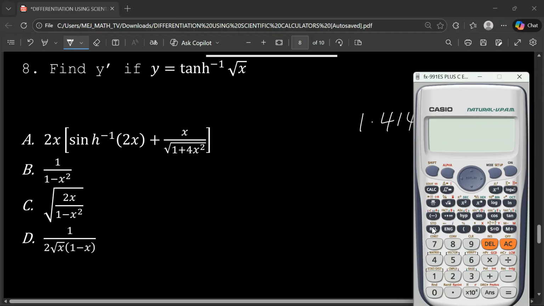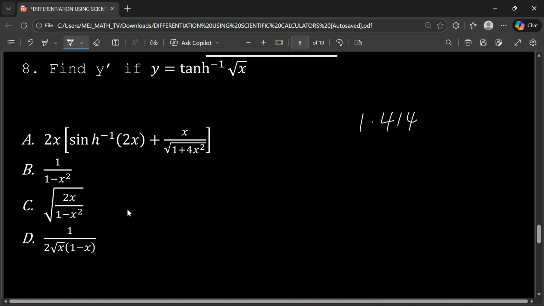Then we are going to check the final option, which is 1 on 2 root of alpha x times 1 minus alpha x, close it, and that is 1.414.